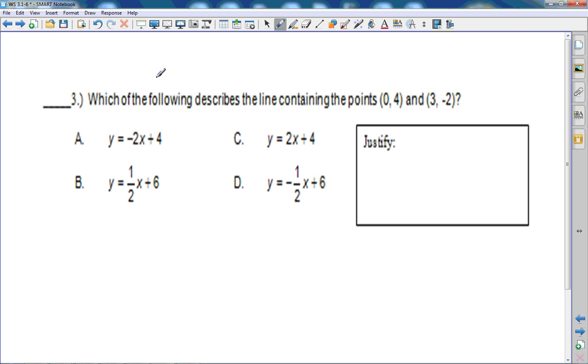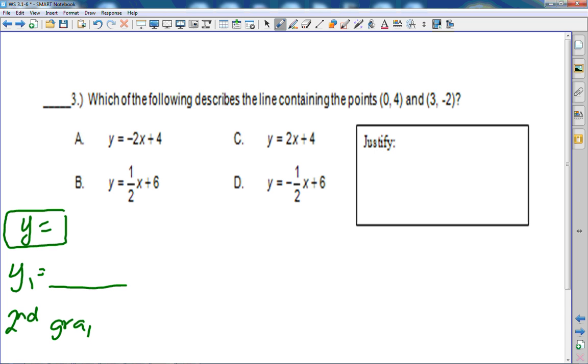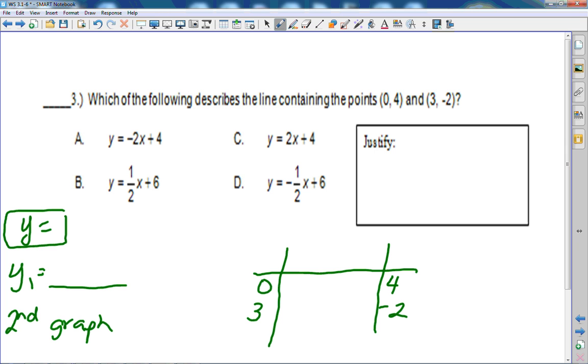Next, right here it says, which of the following describes the line containing the points? Again, you can go to y equals in your calculator, go to y1, put in one of your equations, press second graph, and see if you can find in your table 0, 4, and 3, negative 2.